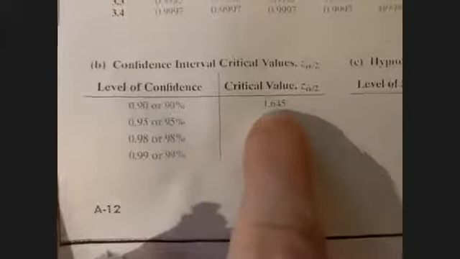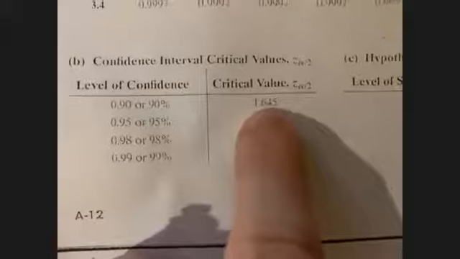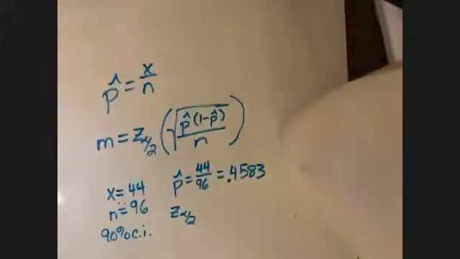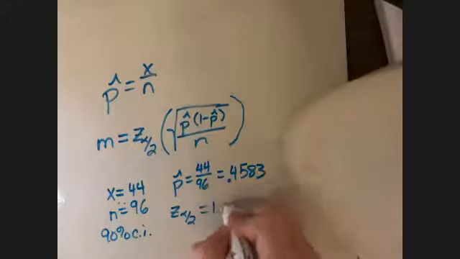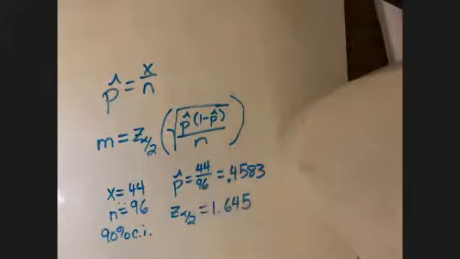Okay, for a 90% confidence, we're going to use 1.645. So that's the one that we're going to be using.